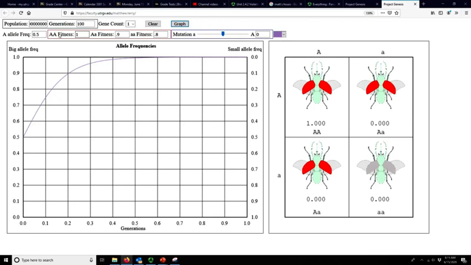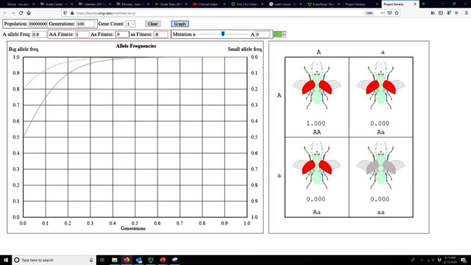But if I started at a rate of 80%, right? So 80% of the big A allele, that's where I start. And then there's some change in the environment that suddenly makes something that was in balance go out of balance. There's natural selection. Then we reach fixation a little more quickly.